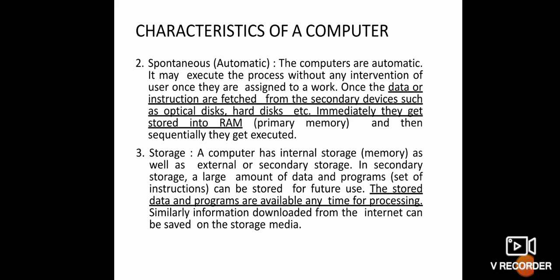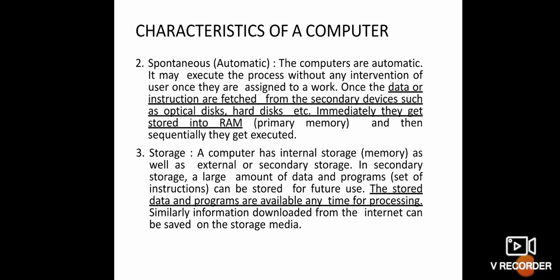Next, it is spontaneous. You all know a computer is an automated device. It executes the process without any intervention of the user once it is assigned a work. Probably if you are using one tab for a specific work, and in parallel you do another work, the computer at the same speed will be executing both works at the same time.